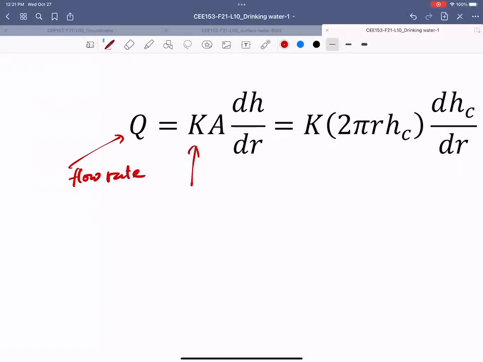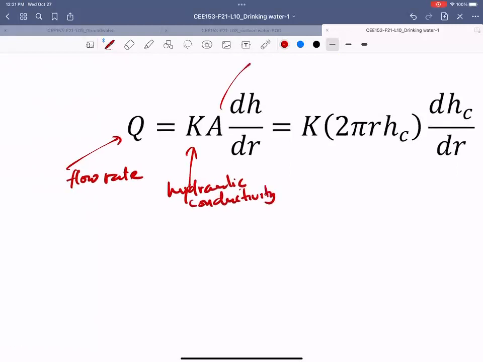K is hydraulic conductivity. Area is, imagine this is the well, right? So the area is the well surface area, the whole entire cylinder.